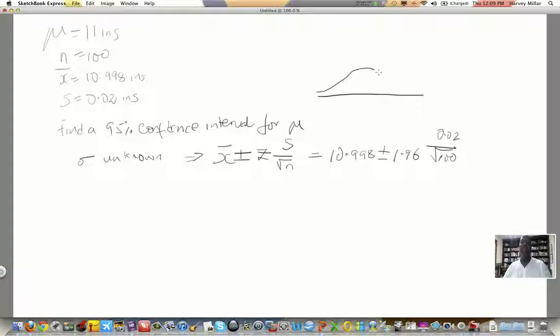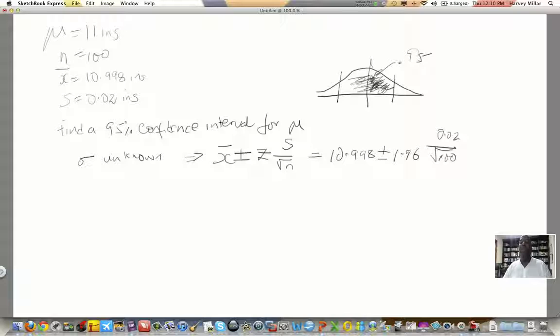If we take the standard normal and we want a 95% confidence interval, that means the area in here must be 95%, 0.95. But our textbook, remember, works with just half of this.